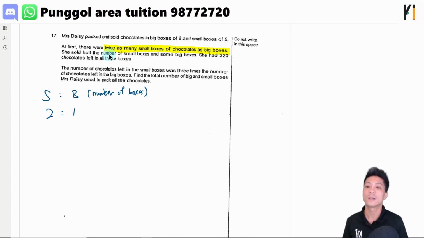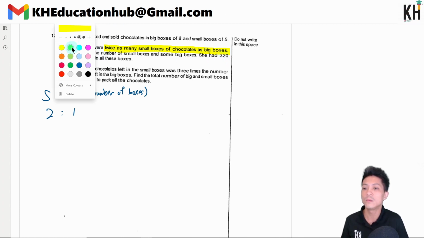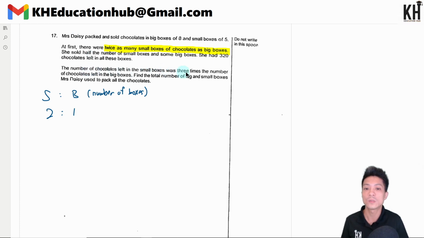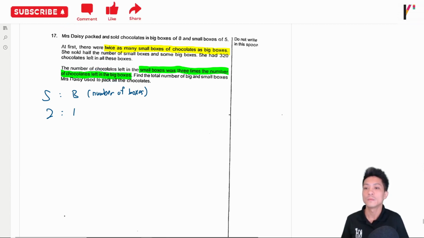She sold half the number of small boxes and some big boxes. She had 320 chocolates left in these boxes. The next clue that I'm going to use is this one over here: the number of chocolates left in the small boxes was 3 times the number of chocolates left in the big boxes.